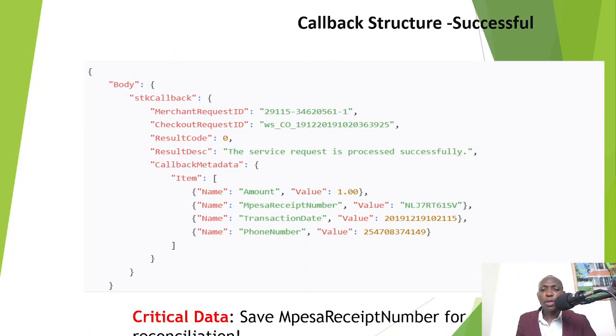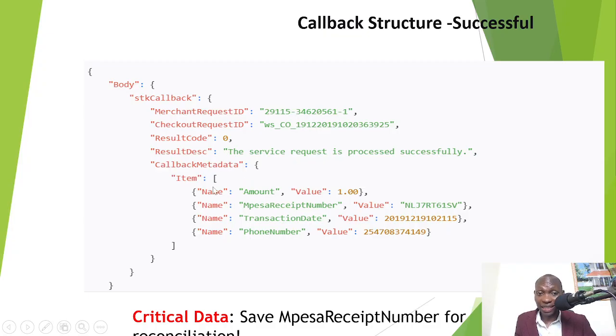So some of the callback metadata, we have item. Remember, knowing this structure will help you to process this callback. Ensure that you are processing the callbacks where you have the callback metadata. Part of it, this is an array of items.